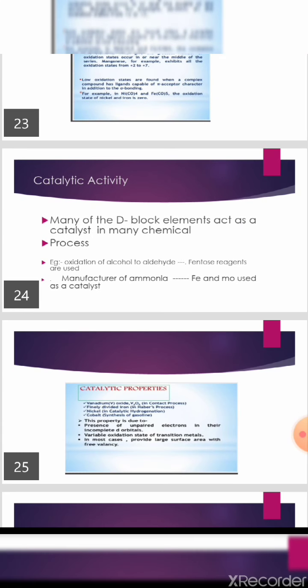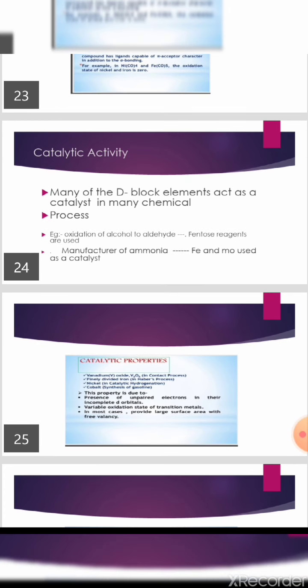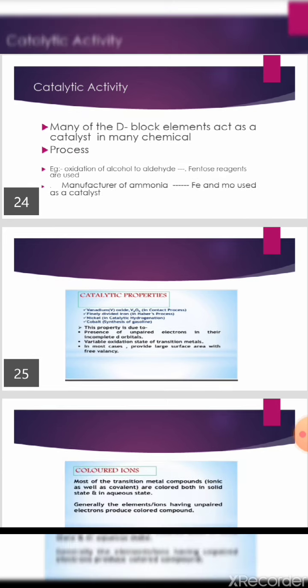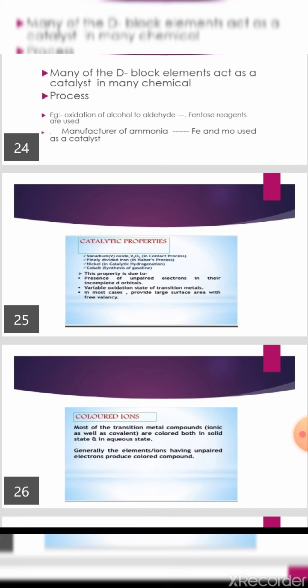Next property is the catalytic activity. That is, many of the d block elements act as catalysts in many chemical processes. For example, in oxidation of alcohol to aldehyde, Fenton's reagent is used as a catalyst. In manufacturing of ammonia, Fe in the presence of molybdenum is used as a catalyst.